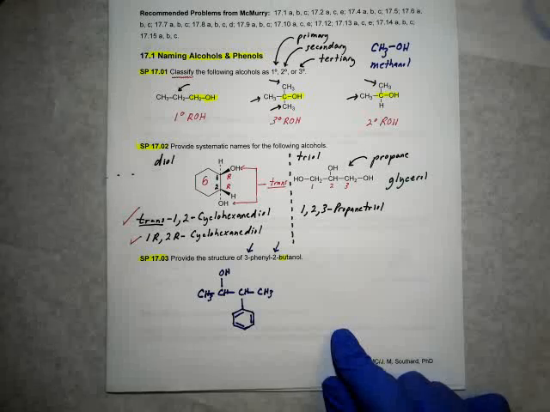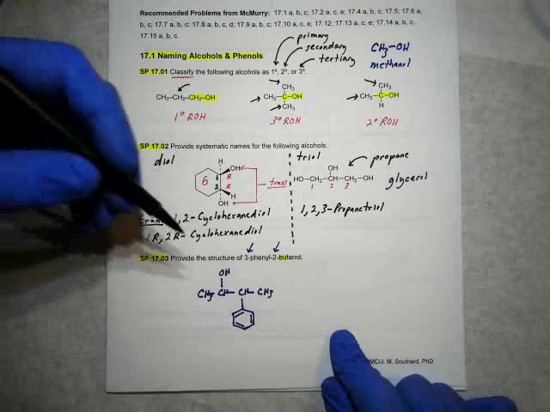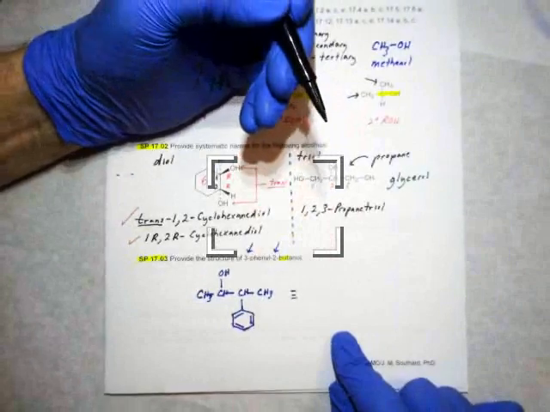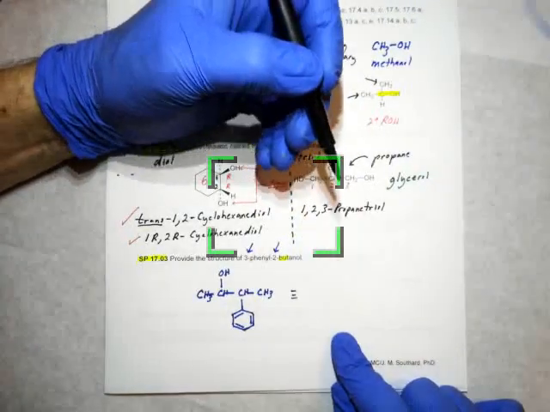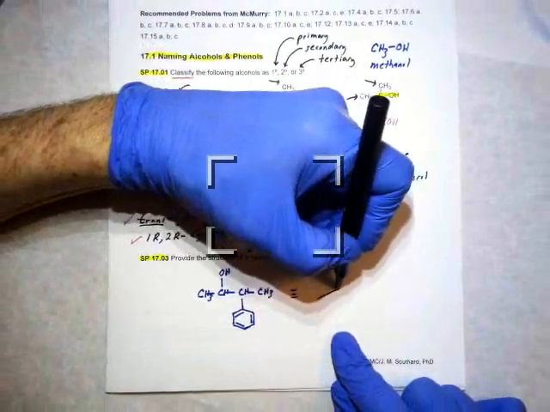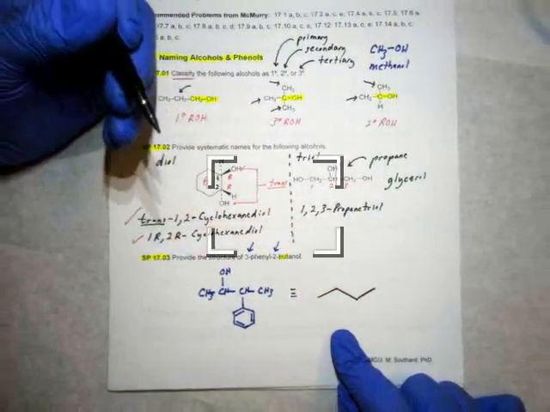I've taken notice that many of you enjoy or even prefer drawing skeletal illustrations. And if you would prefer to do that, it's perfectly okay with me. Let's draw a skeletal representation of the same compound using a zigzag orientation. So there's my 4-carbon chain.